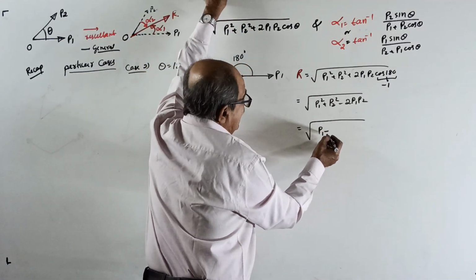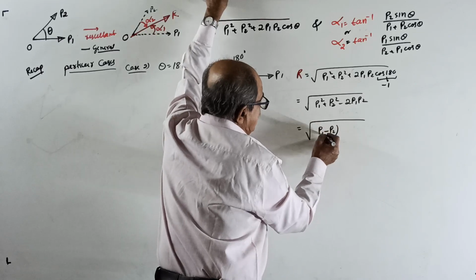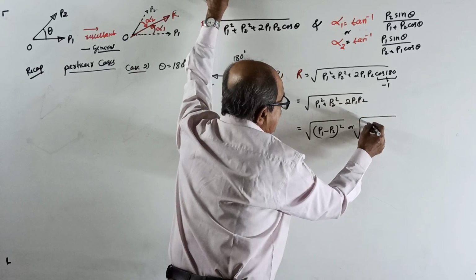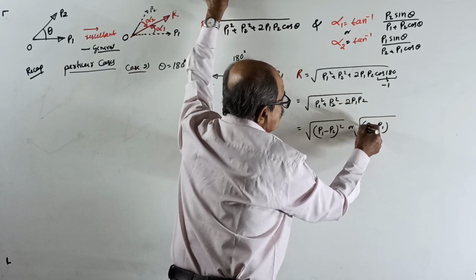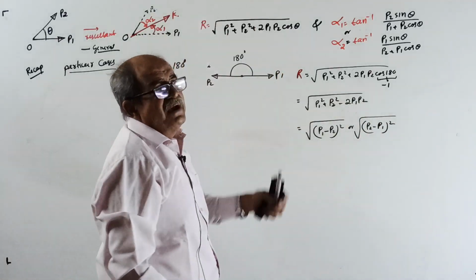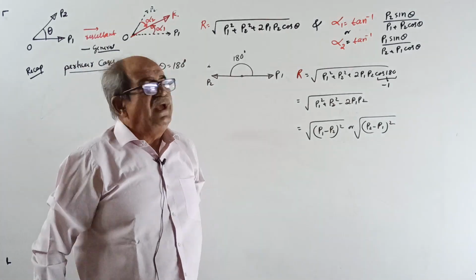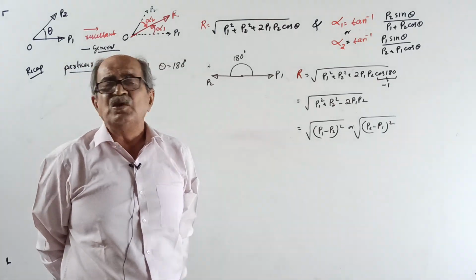See, it is actually what? It is either P1 minus P2 whole square, or it can be root of P2 minus P1 whole square. Why? When you write A minus B whole square, it is A square plus B square minus 2AB. A minus B whole square equal to B minus A whole square.